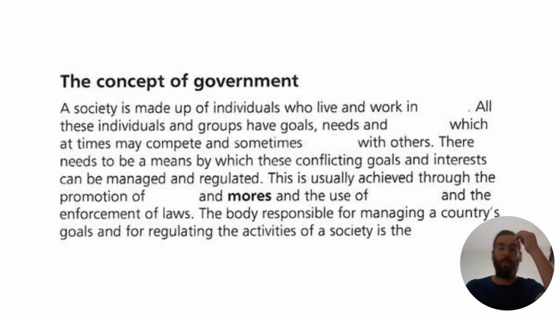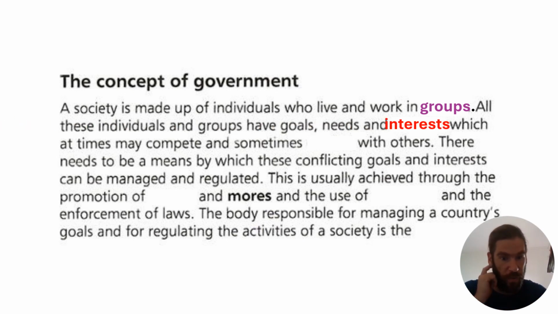The concept of government. A society, or sociedad, is made up of individuals who live and work in groups. We've talked about this before in one of my earlier videos of chapter 1. And all these individuals who work together in groups have goals, needs, and interests, which at times may compete, and sometimes conflict with others.